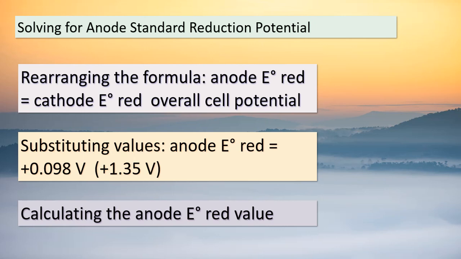Substituting the given values, which are cathode E°red of plus 0.098 volts and overall cell potential of plus 1.35 volts, we'll work through the math to find the anode E°red value. This value gives us insights into the anode reaction's tendency to undergo reduction. And remember, a higher positive value means a greater tendency for reduction. Let's uncover the anode potential and understand its significance.